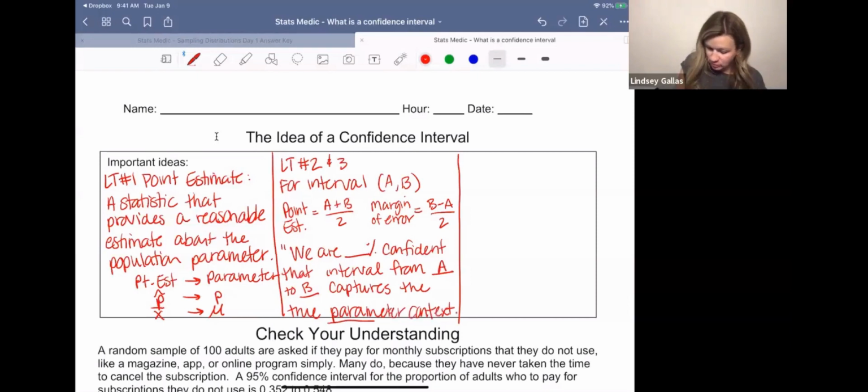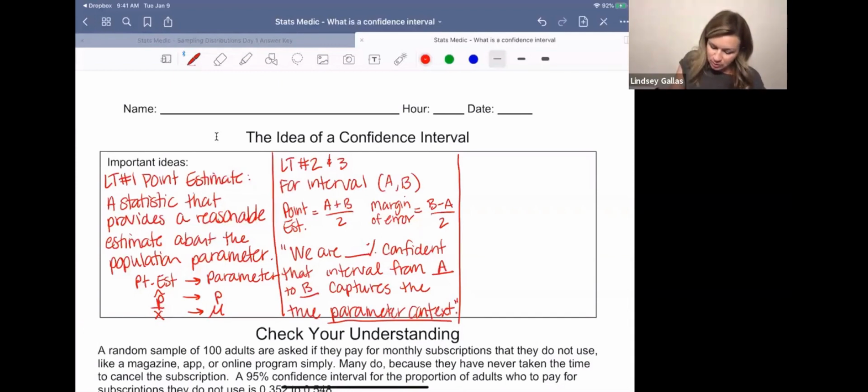In today's lesson, we were just looking at proportions, but in the future, we'll also be looking at means or difference in proportions. Now, one thing to note, that percentage about how confident we are, we'll be learning more about that in tomorrow's lesson, and really how do you pick a confidence level.